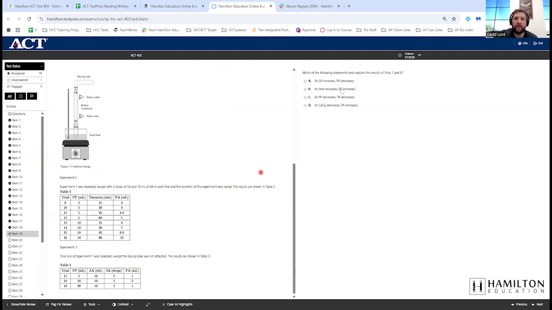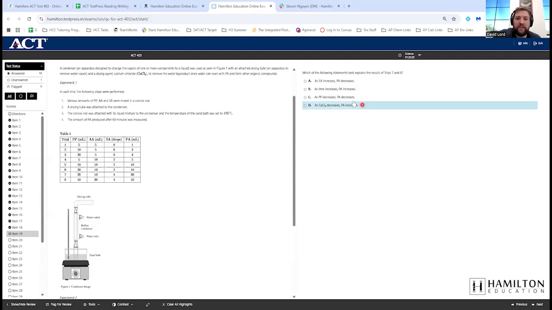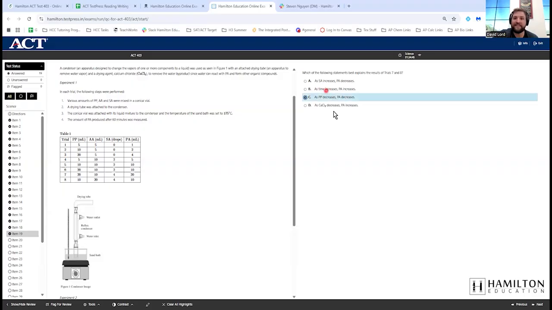So we can ignore B. As PP decreases, PA decreases. Well, when PP went down, PA went down. So that seems right. As calcium chloride decreased, well, we didn't actually change the amount of calcium chloride. So that was constant for the experiments. So we can eliminate D as well.